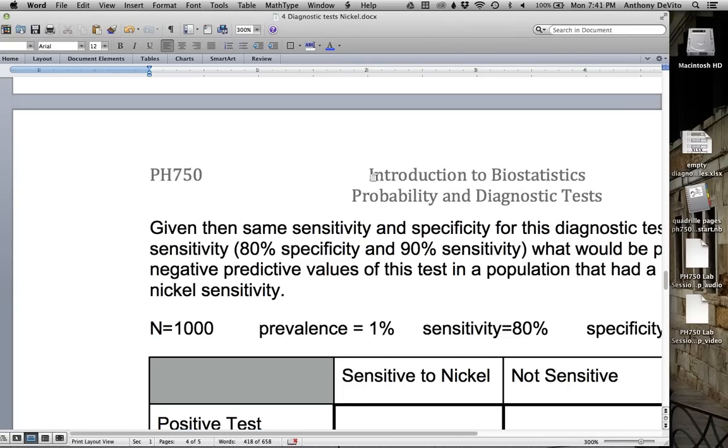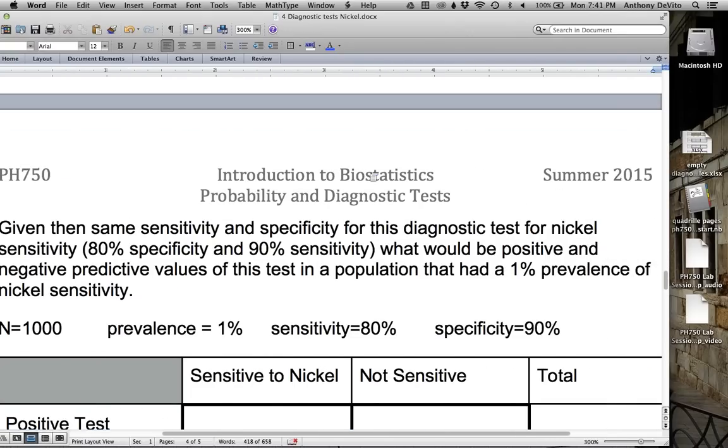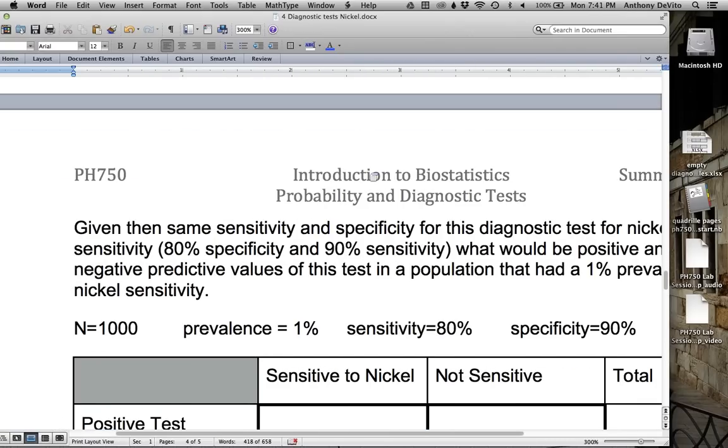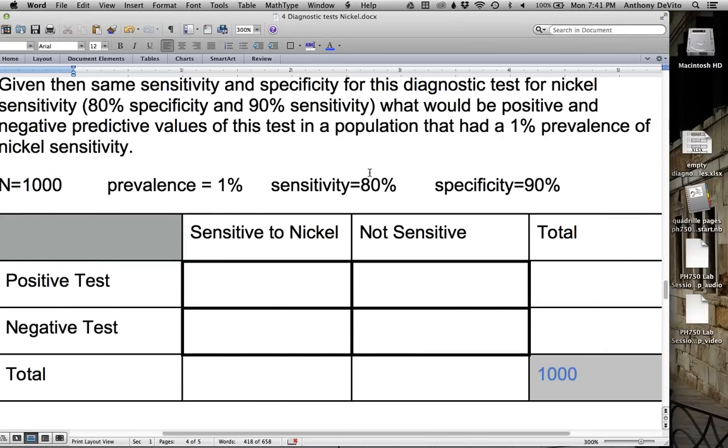The next thing I want to do is take exactly the same test, 80% sensitivity, 90% specificity, and apply it to a new population. The prevalence of nickel sensitivity in this population is only 1%, right? So I'm going to randomly sample 1,000 people in this population.